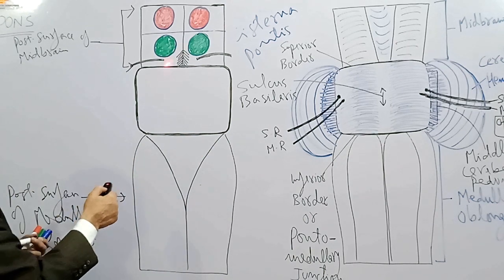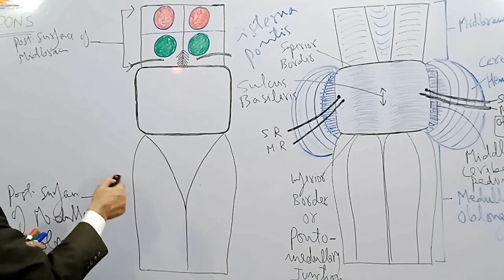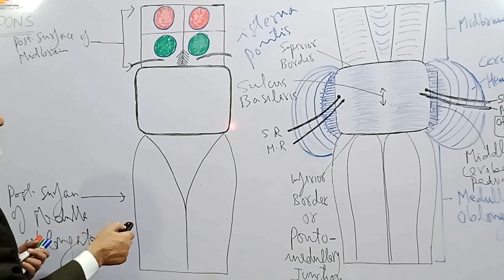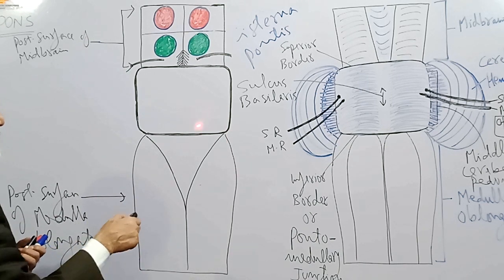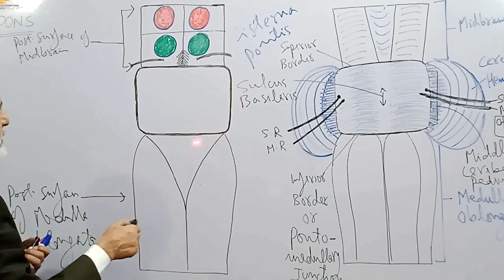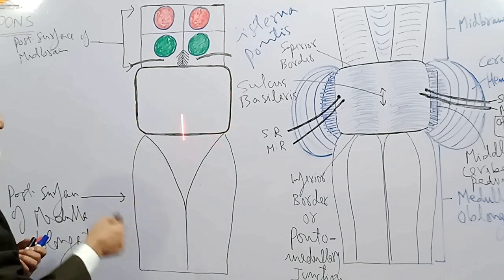Thus, above the pons is posterior surface of the midbrain, below the pons is the posterior surface of the medulla oblongata, and this is posterior or dorsal surface of the pons.